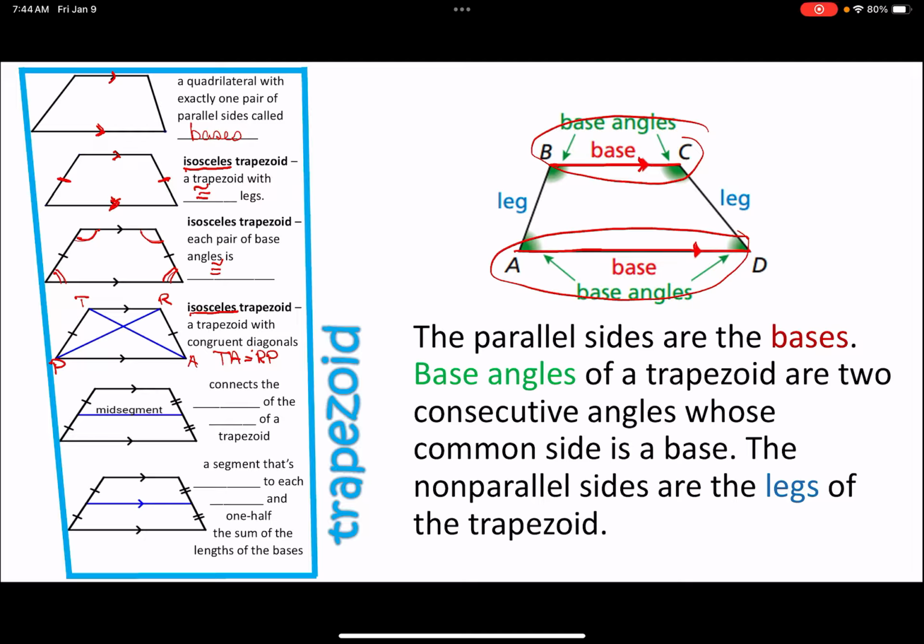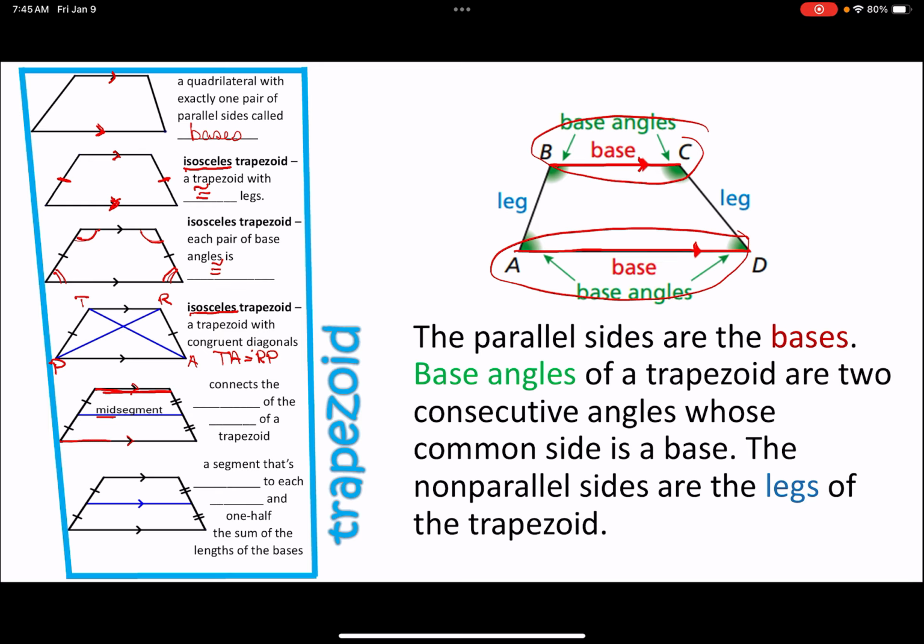We also have another feature of trapezoids, and that's something called a midsegment. So midsegment has the prefix mid in it, meaning middle. And so it's a segment that's exactly in the middle of these two parallel lines called the bases.